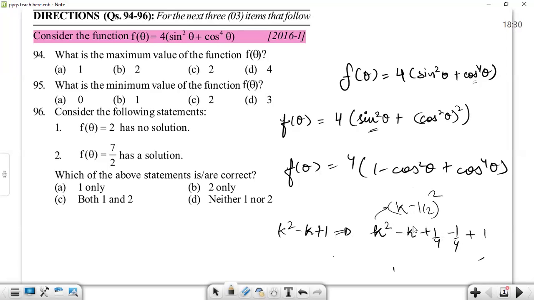What was k? It was cos square theta. So 4 into (cos square theta minus 1 by 2) whole square, plus 3 by 4.